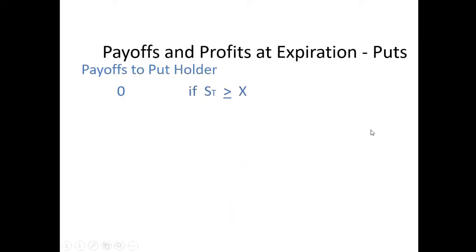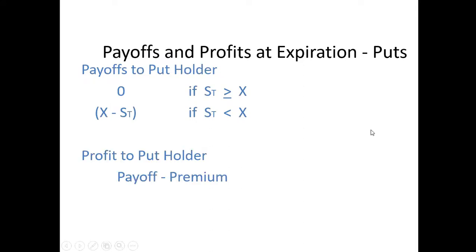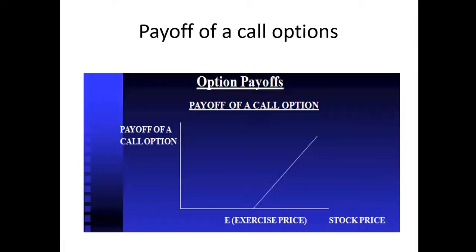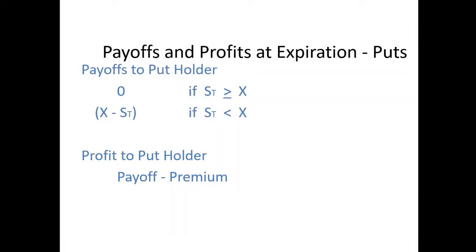Then the payoff of a put option, I have already told you, it will be profitable in the event of a fall in price. So that is why it is the right to sell. If the stock price is greater than the exercise price, for example, if one has bought at 100 rupees and the prevailing stock price is 105, it has already gone up.